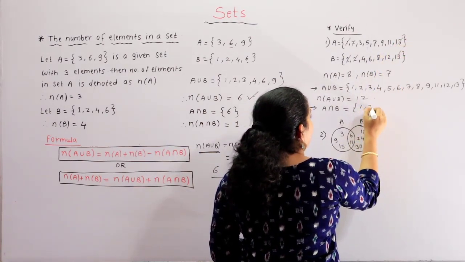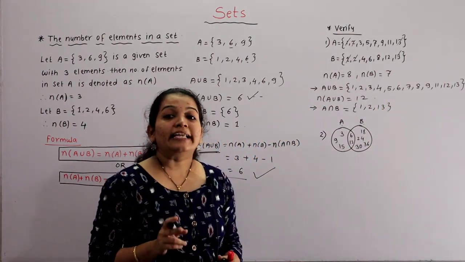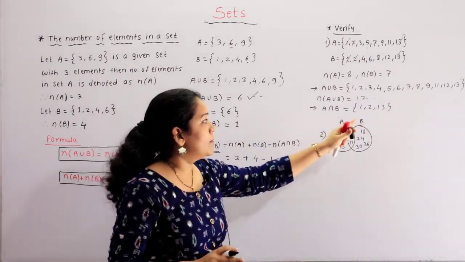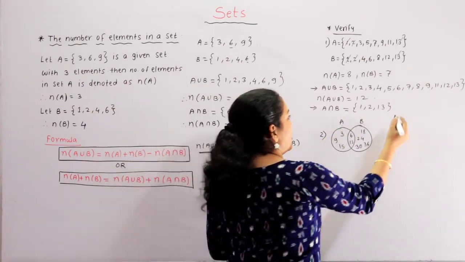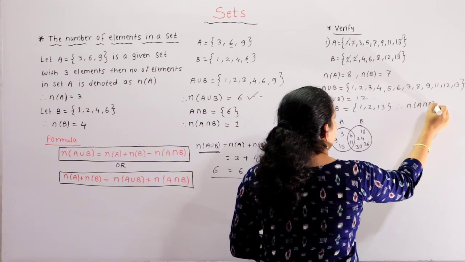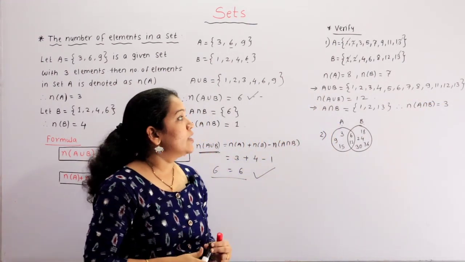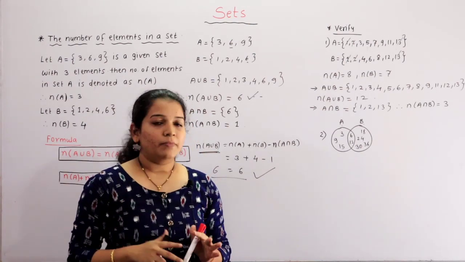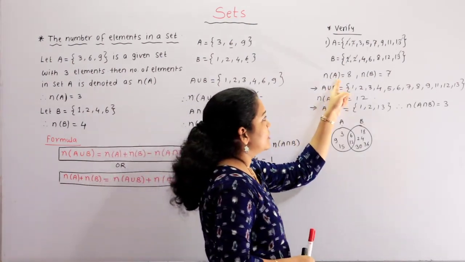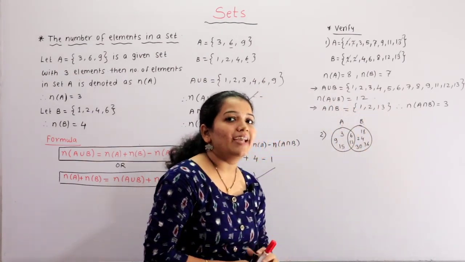So 1, 2, 13 are the elements which are common in both the sets. So how many numbers? 1, 2, 3. So n of a intersection b is 3. Yes or no? So we got all the elements: the number of elements n of a, n of b, n of a union b and n of a intersection b.